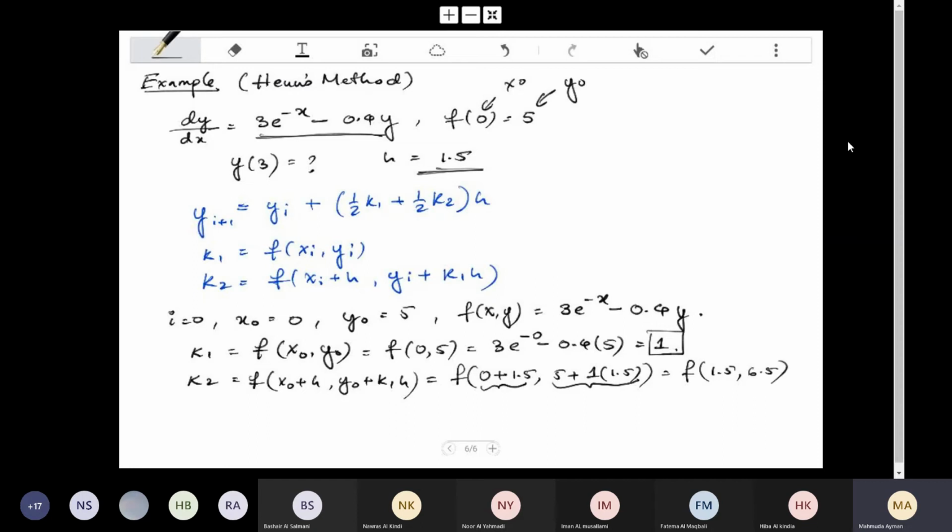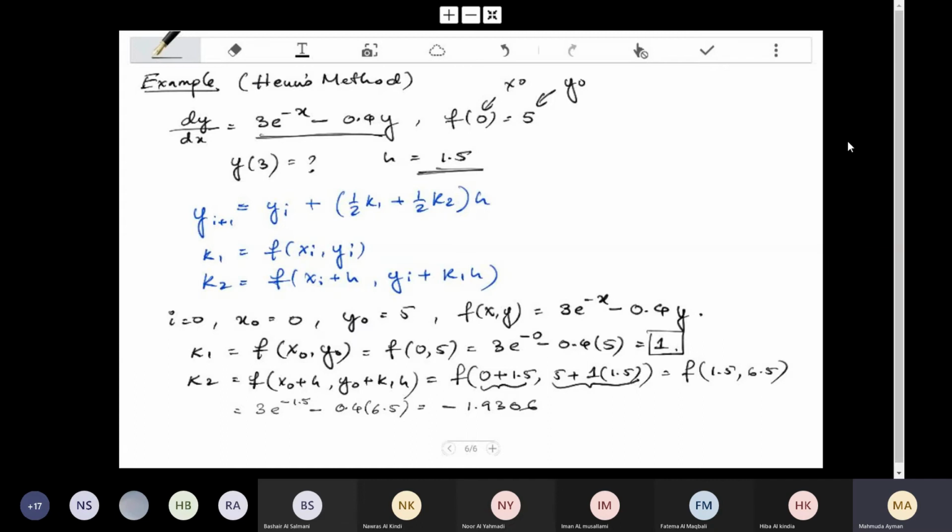So we have to find the function at the point 1.5 comma 6.5, which will be 3e to the power minus 1.5 minus 0.4 times y, which is 6.5, and that gives us the value minus 1.9306.